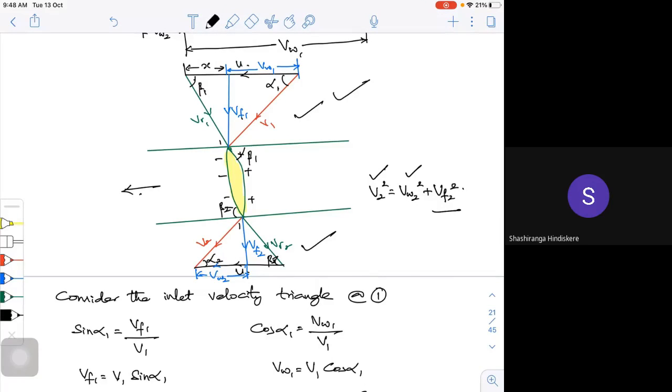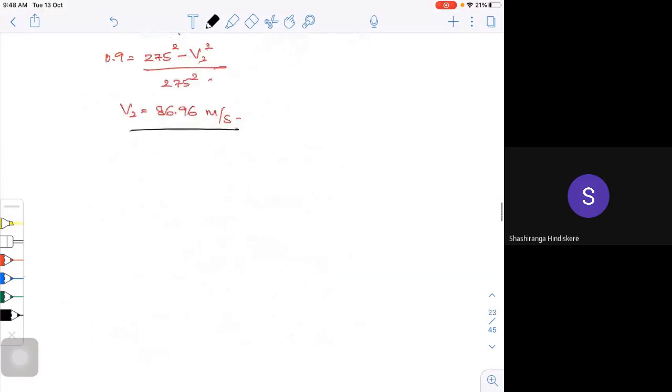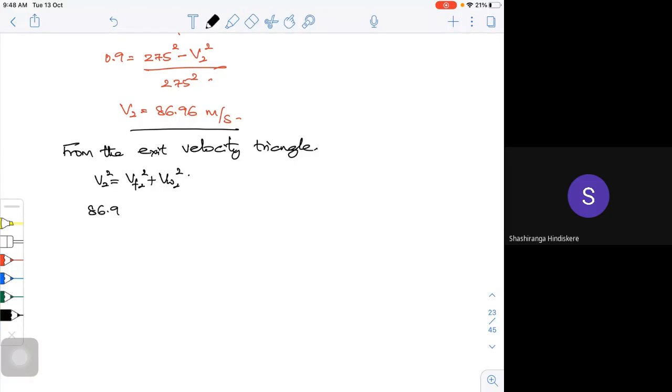So from the exit velocity triangle, V2 square is equal to VF2 square plus VW2 square. So this is 86.96 square is equal to your VF2, which I'm going to find, plus your VW2 square.